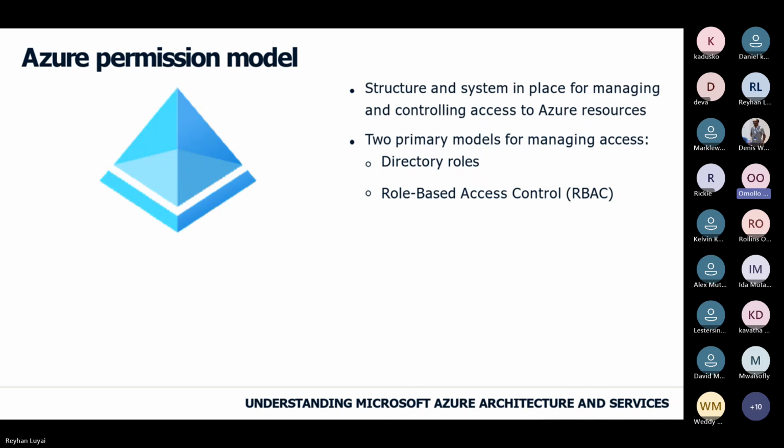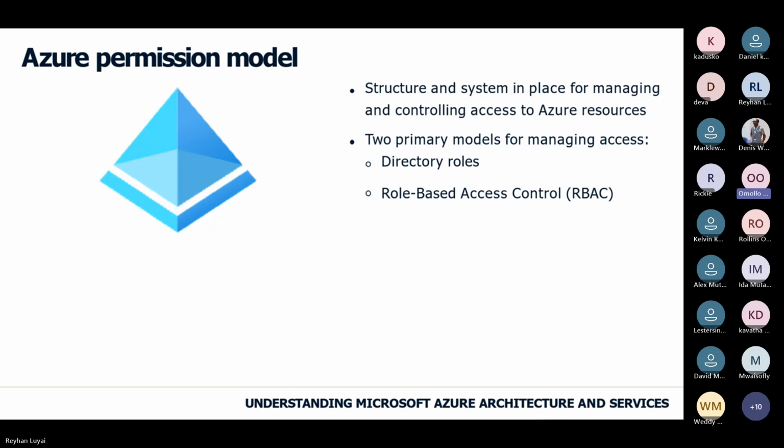Directory roles relate to Microsoft Entra ID, and for the users we have on our Entra, we can assign them roles from the Entra management group. Then we have role-based access control, which is more granular and is applied from the subscription level.